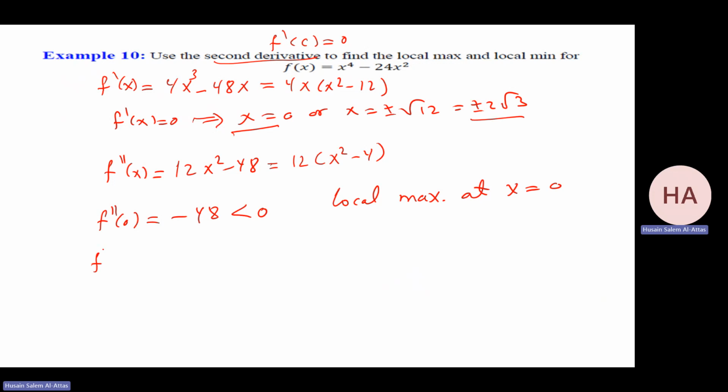F double prime of 2 square root of 3. That gives me what? 2 square root of 3, which is square root of 12. 12 minus 4, that will give me positive. I don't care what the number is, but I care that it's what? Positive value. So I have a local min at x equals 2 square root of 3.